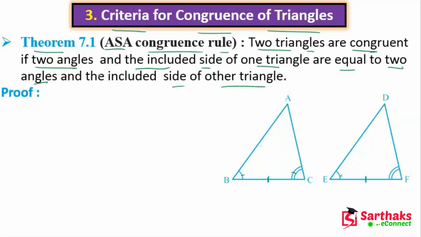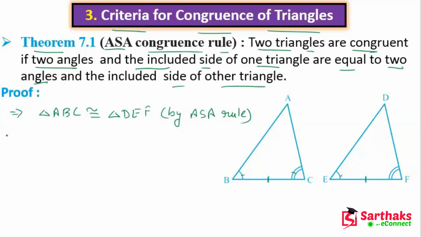So according to this statement, triangle ABC is congruent to triangle DEF by the angle side angle rule. We have to prove this condition.